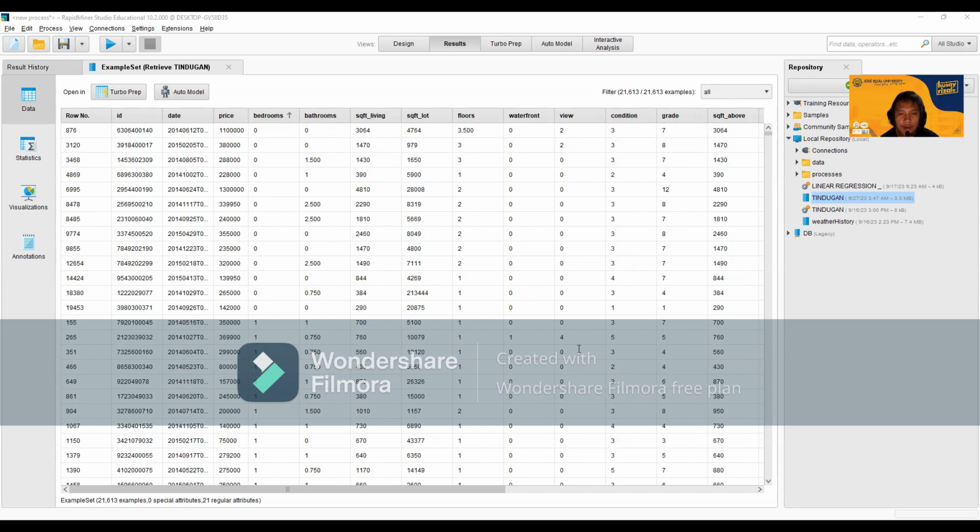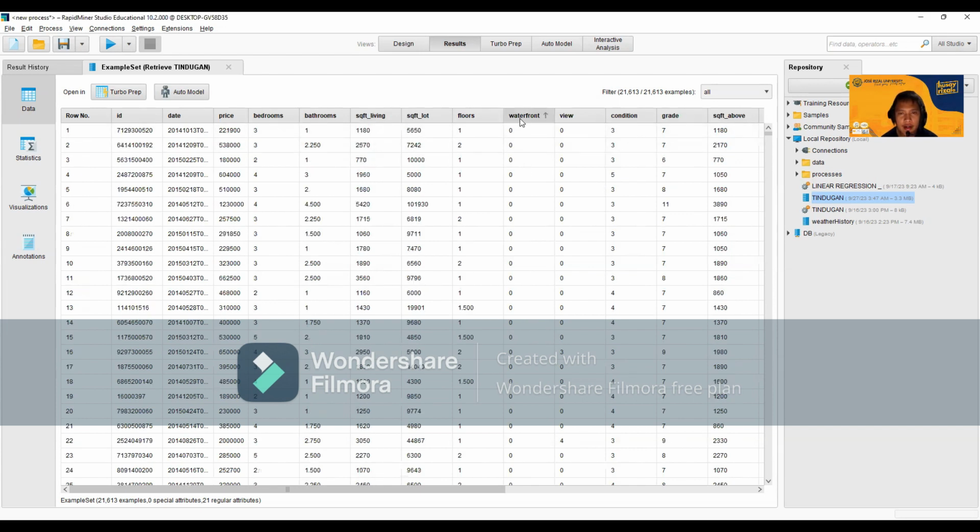They do not fit, so I do not include attributes like waterfront.